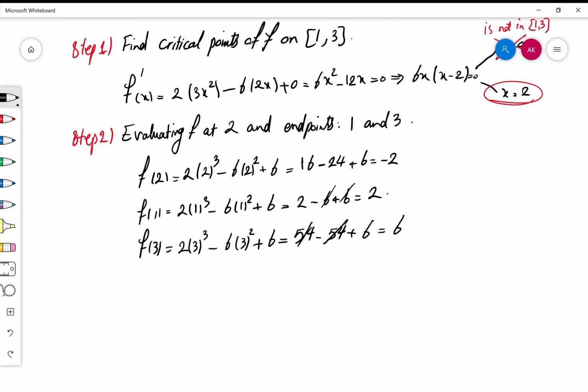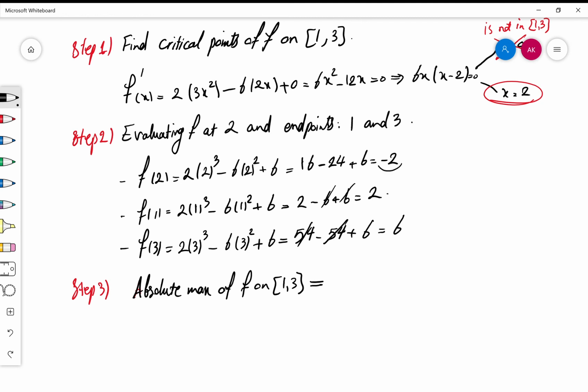So now that you evaluated, everything is almost done. We are going to have absolute max of f on 1, 3 is you pick the largest value that we evaluated in step 2.